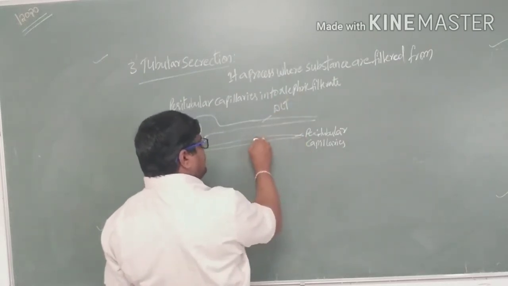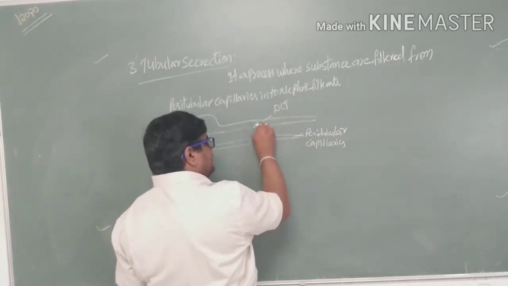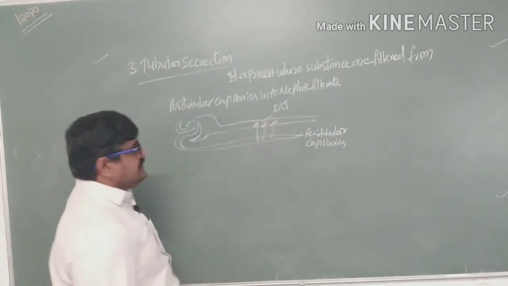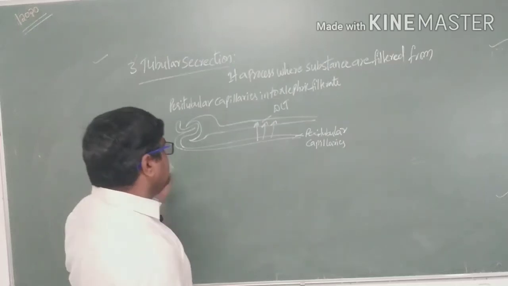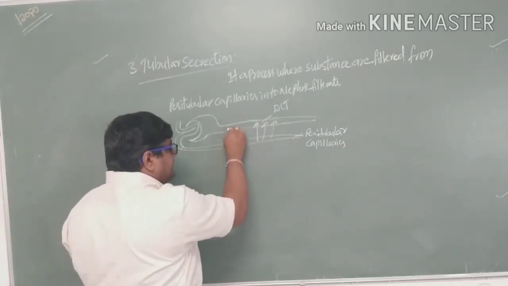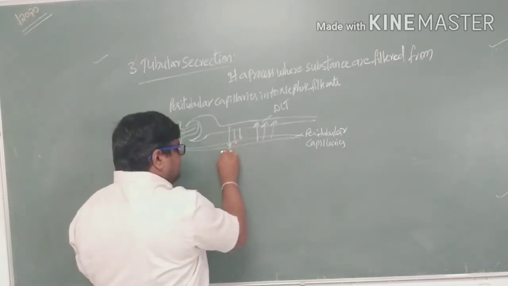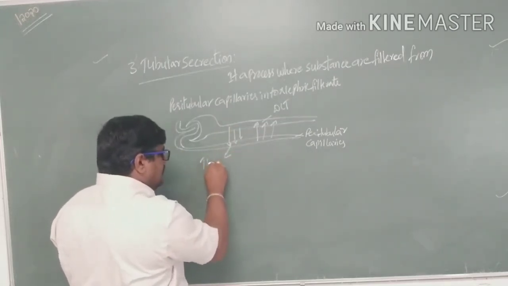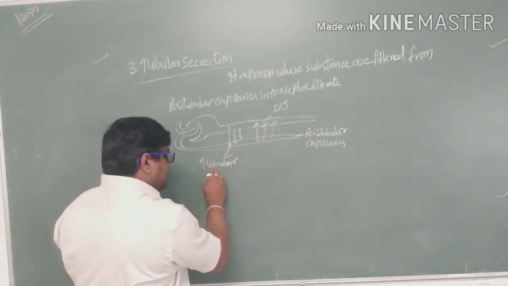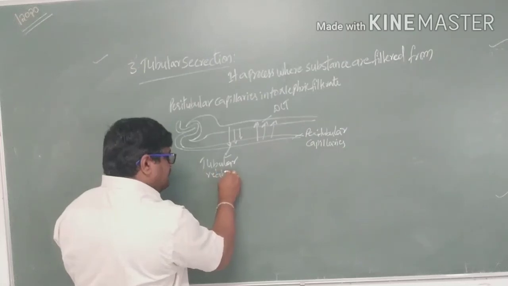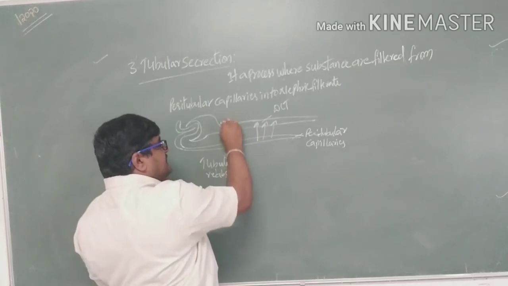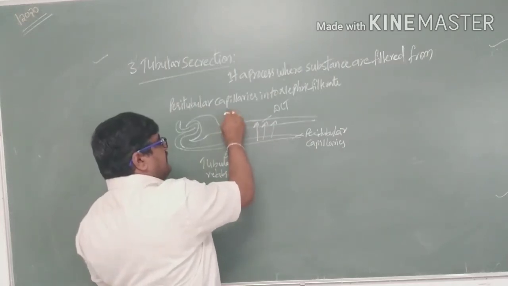So from peritubular capillaries it enters into the distal convoluted tubule. From the nephric filtrate into the peritubular capillaries, we can call tubular reabsorption.